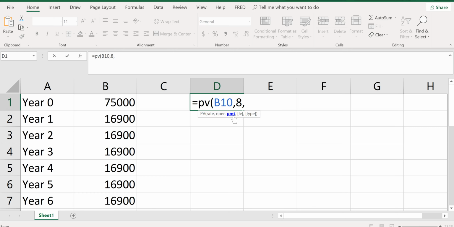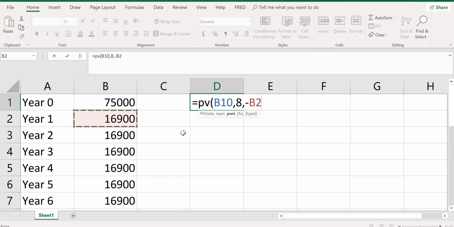The rule here is about the sign of the payment. The fourth argument, the future value, refers to the par value. In this case, we don't have a future value, so we can just put that as 0. But if you put a positive payment, then you'll get a negative present value. So if we want a positive present value, we have to put this payment as a negative number.